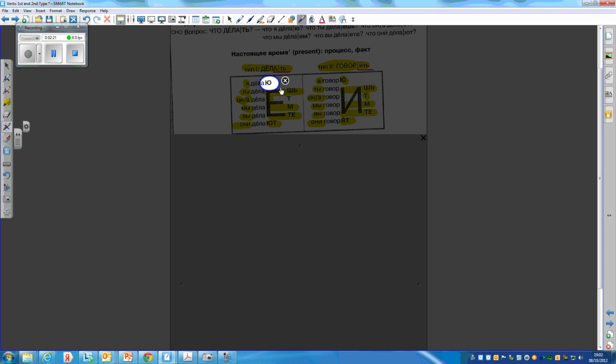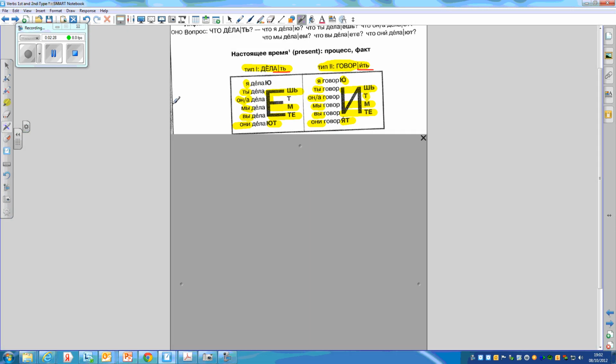So if you look at я, you will see how you change it. You take the main part of the verb дела and add ю.